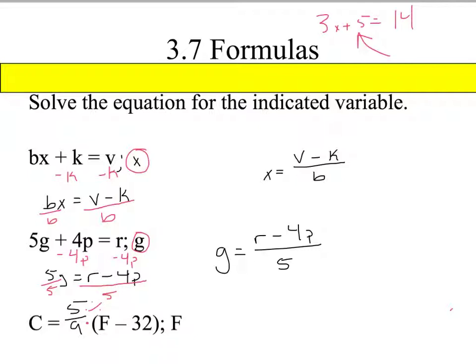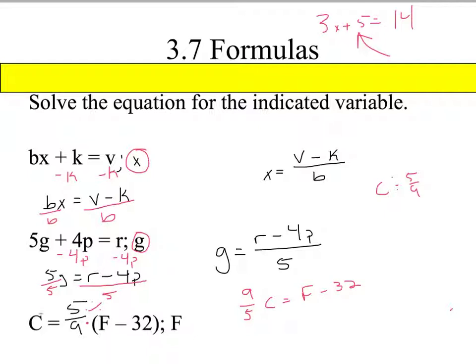I need to take a little sidebar here. C divided by 5/9. Be careful. I am not taking 5/9 divided by C, I'm taking C divided by 5/9. When I flip this and multiply by the reciprocal, I get 9/5 C is equal to F minus 32.